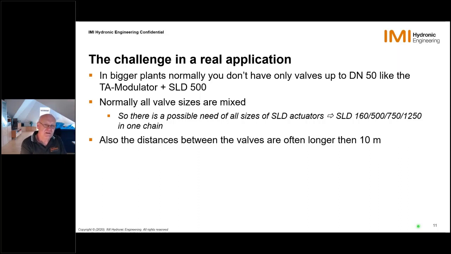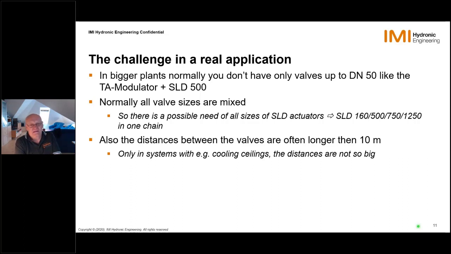Of course, it's a question of the distances. When the cable is only 10 meters long, you know already where the problem is. When you have decentralized valves, for instance, and you have to go from one actuator to the next, 10 meters is not a long distance.